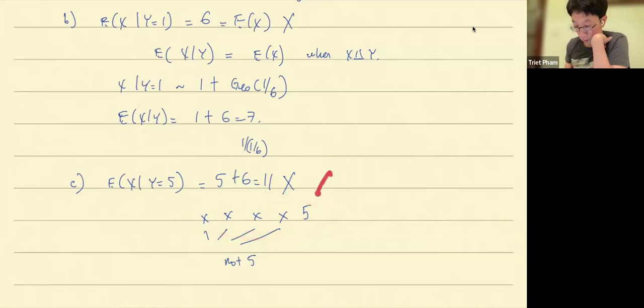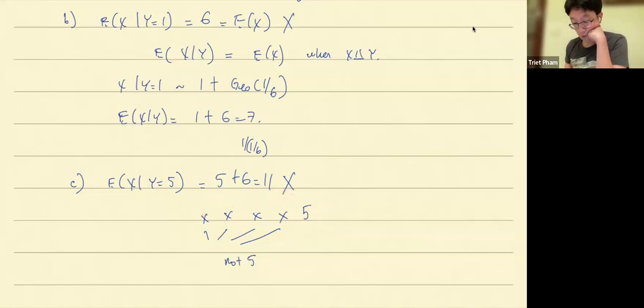Well, a 6 cannot appear in the 5th spot. That's true, because it's already a 5. But the first 4 tosses, just because it's not a 5 doesn't mean it cannot be a 6. In other words, a 6 can appear in these 4 spots. So that's a challenge here.